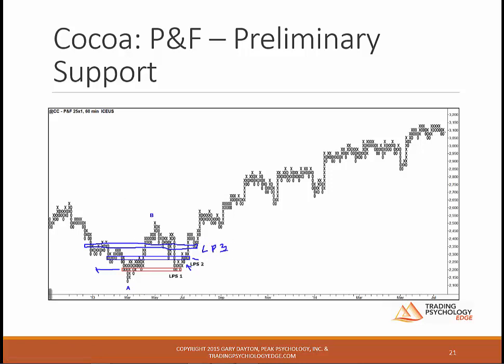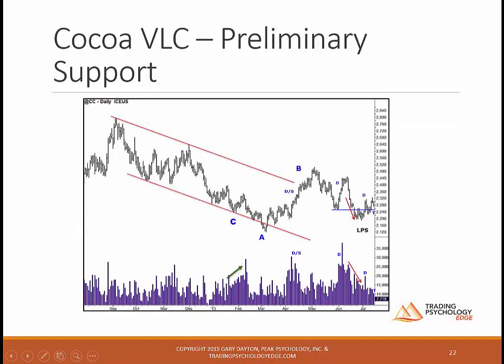What I want to point out though is that going back to the vertical line chart, here's our last point of support. Here's our selling climax or our oversold position. Typically selling climaxes have the most volume and more price action in terms of downside, stronger price action here.